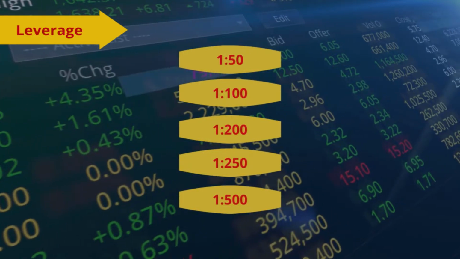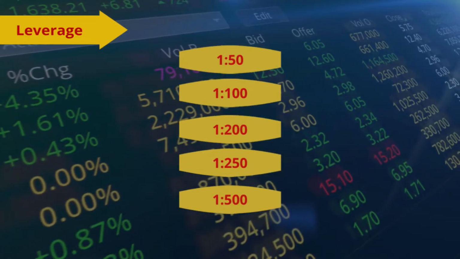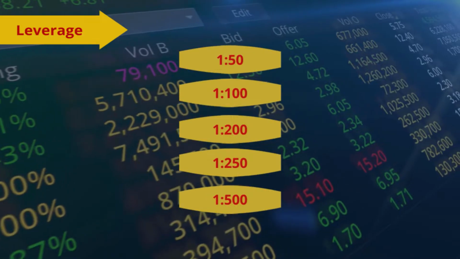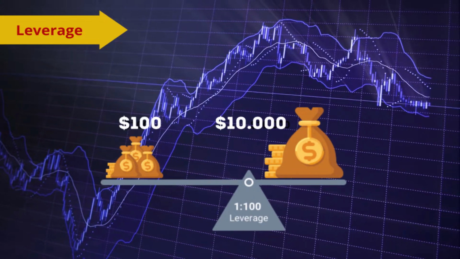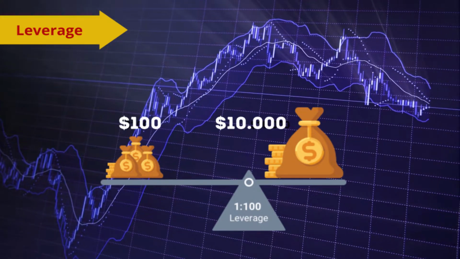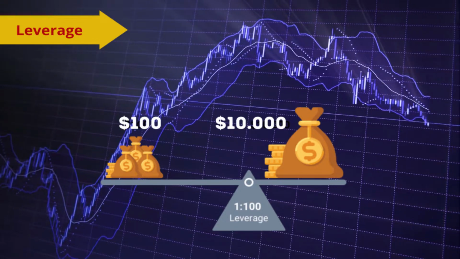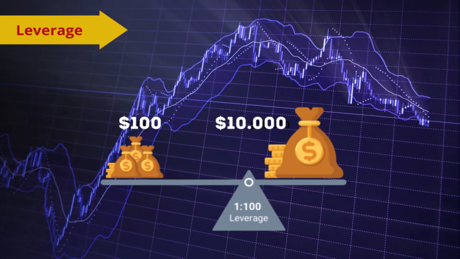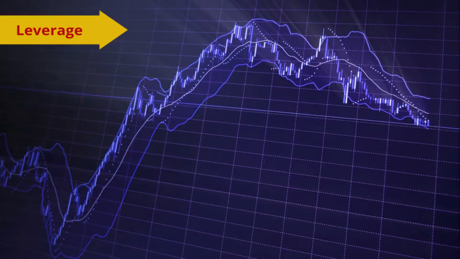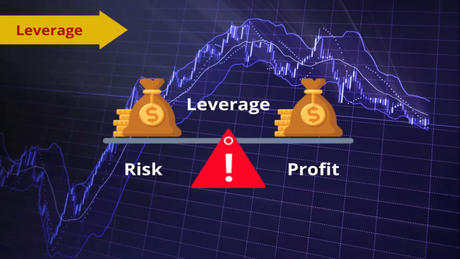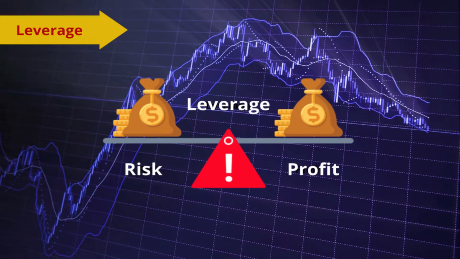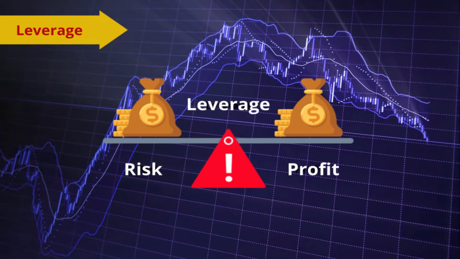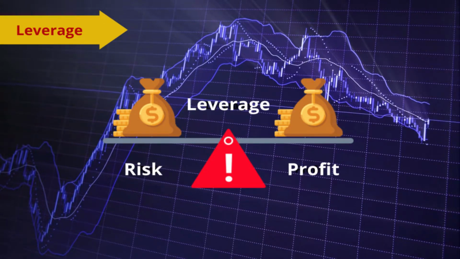Leverage typically ranges from 1 to 1 to 1 to 400 at IFC Markets. Let's look at an example. If you invest $1,000 with leverage of 1 to 100, you'll have $100,000 in your trading account. While leverage can increase potential profits, it can also increase potential losses, which is why the amount of leverage on your trading account should be carefully chosen.